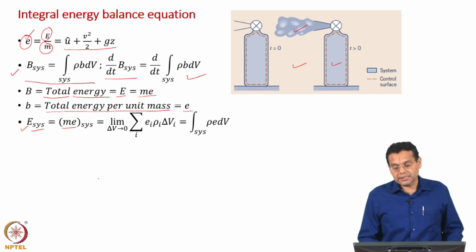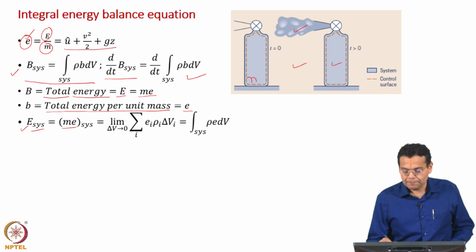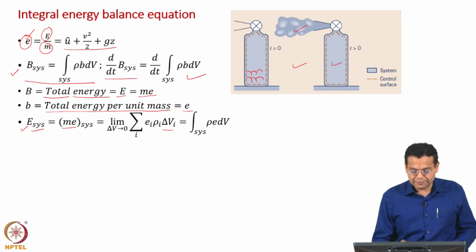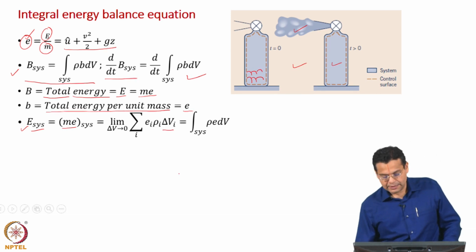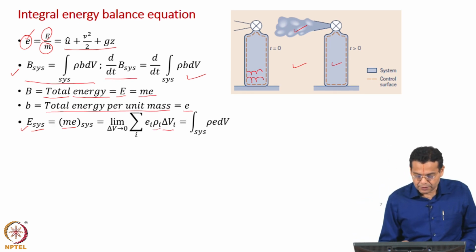How do we write this? As we have done a few times earlier, we split the volume of the system into smaller and smaller volumes, that is delta V i, and each volume can have its own density, its own energy.